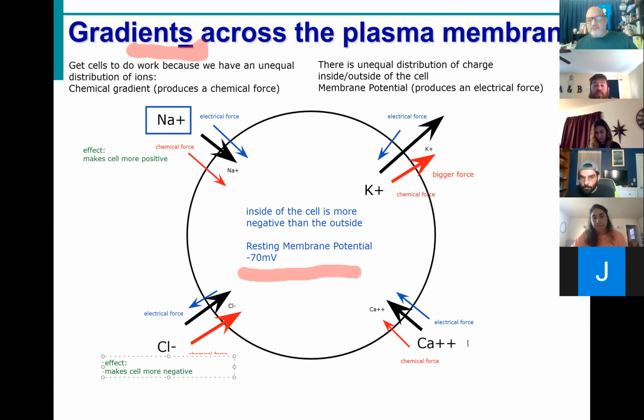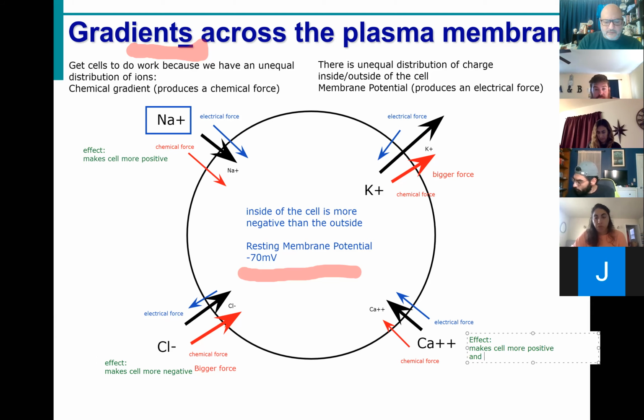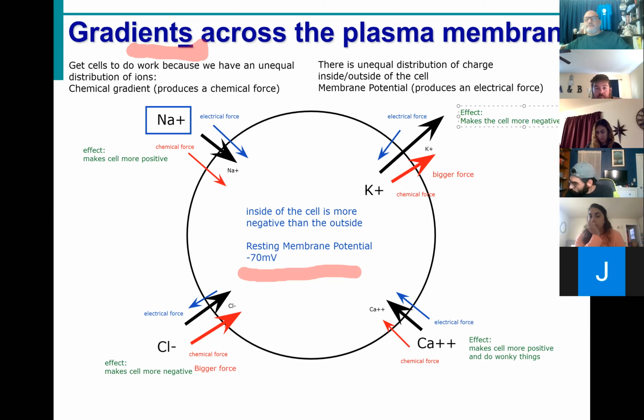If calcium enters the cell, what's the effect going to be? More positive. Excellent. And it's going to make the cell do wonky things. And last but definitely not least, what is the effect of potassium leaving the cell? More negative. There you go. When a positive ion leaves the cell, it makes the cell more negative. Excellent.